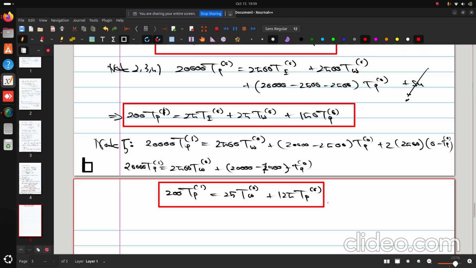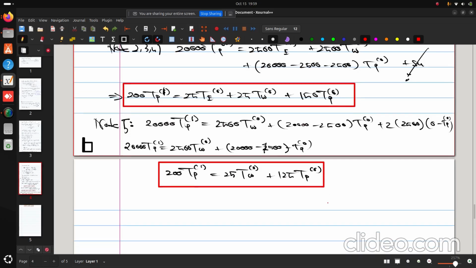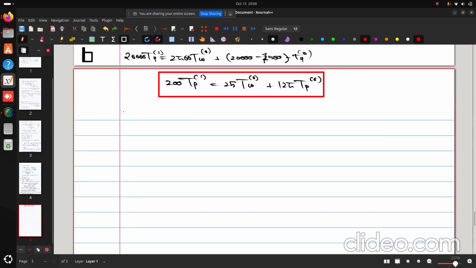Okay, so we have these three sets of equations. Now we can easily get all the solutions at different times.